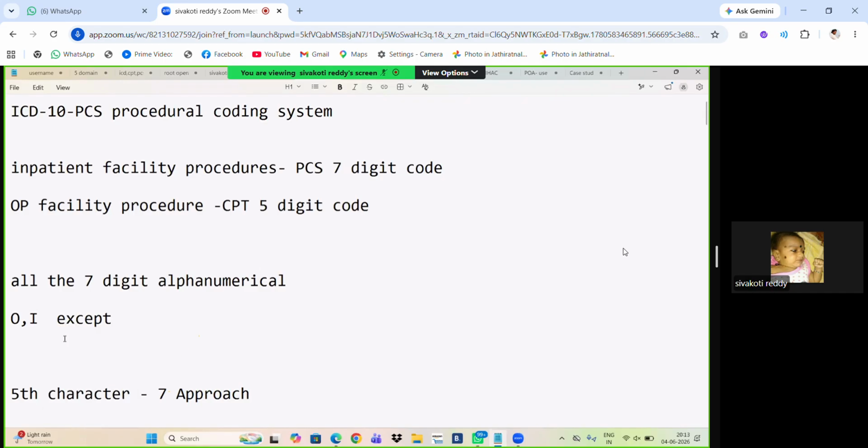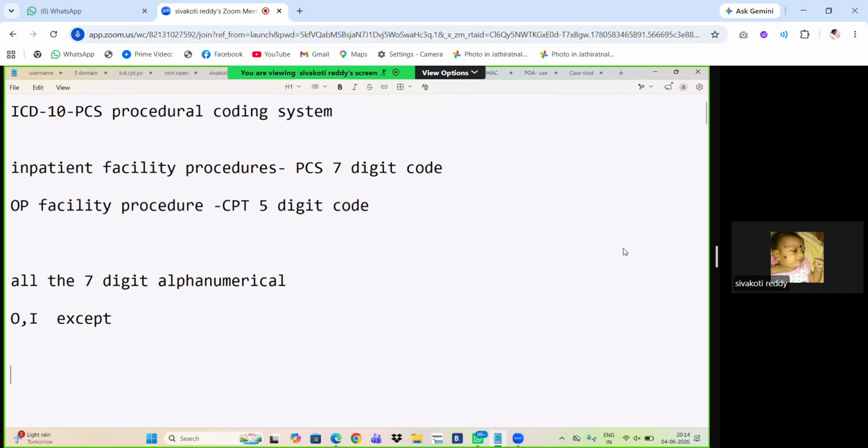So you can pronounce it like O or 0, I or 1, but the meaning should be 0 and 1. There is no O in the PCS code. These 2 letters we don't get. Remaining all the letters and numbers you will get in the procedure codes.